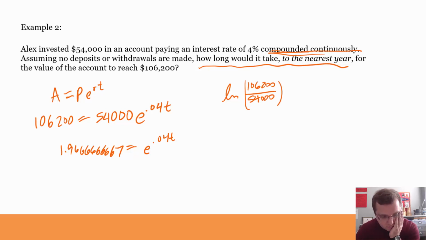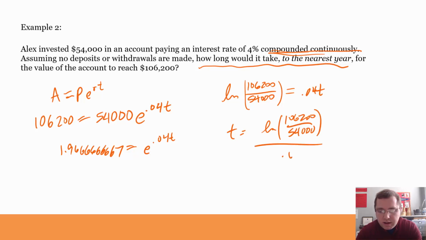106,200 over 54,000. And that ln, which is a log with the base of e, equals the exponent that I had before, 0.04t. So to fully solve for t, I'm going to take that ln of 106,200 over 54,000, and I'm going to divide it by 0.04. I'll let my calculator do that.